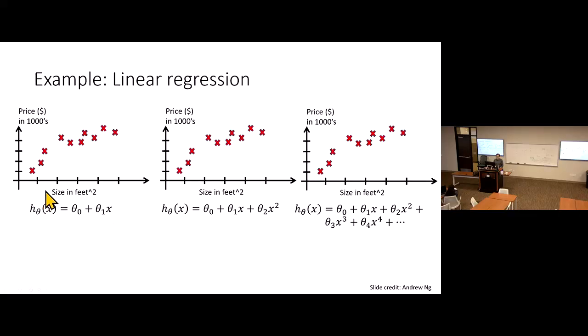Something like this. Say you predict the price, and these are your samples. If you only use one variable, you can have a straight line. But if you have another variable, so you have a slightly better term, you get a better fit, using some kind of nonlinear term.